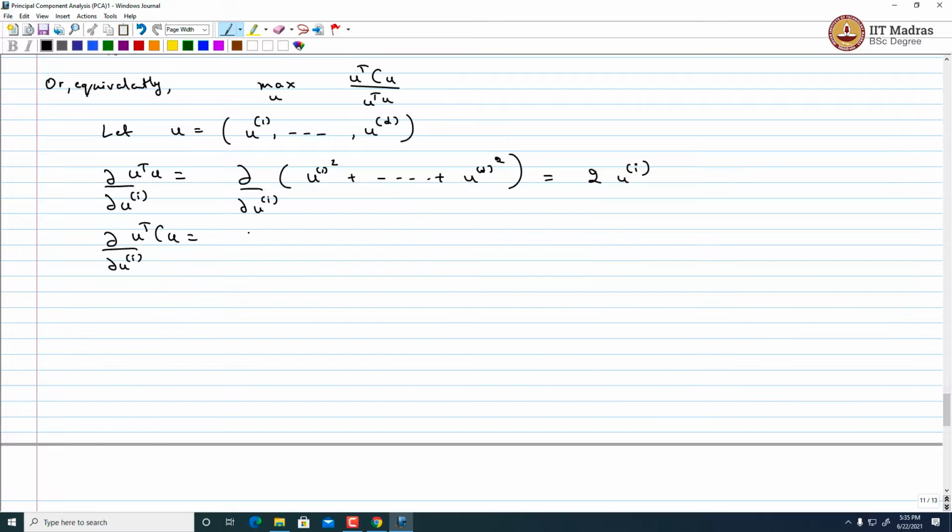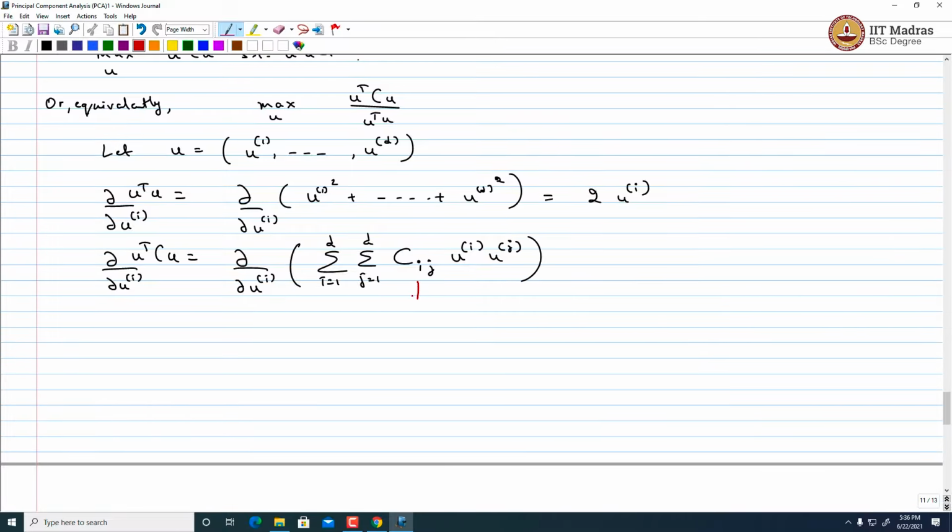Now we will differentiate the numerator. This is nothing but the partial derivative with respect to u_i of the summation over i equals 1 to t, j equals 1 to t of Cij ui uj.